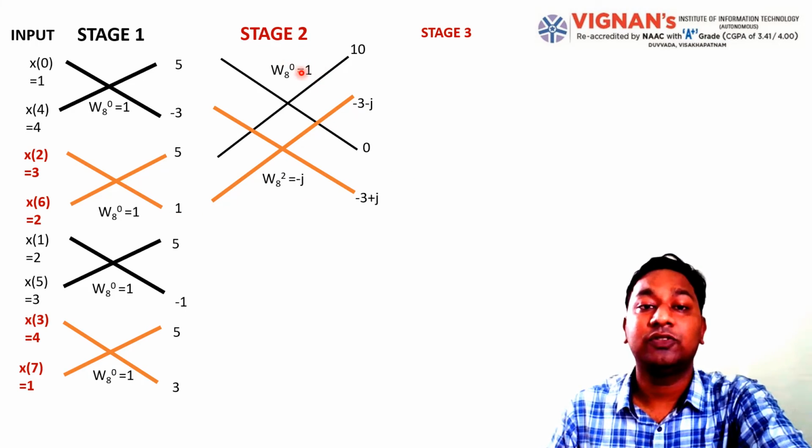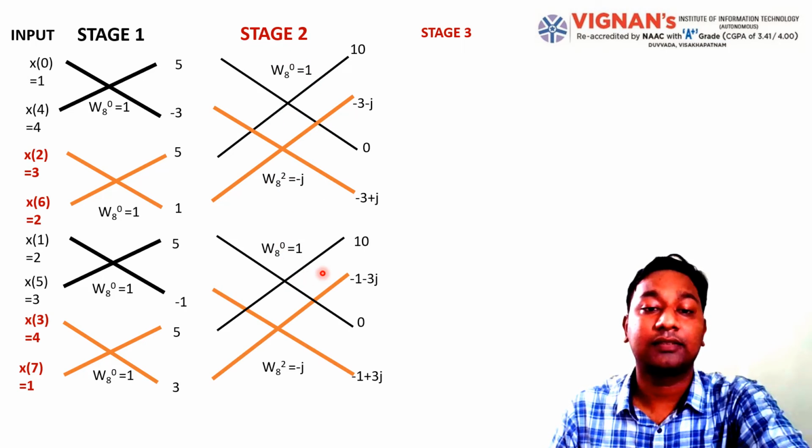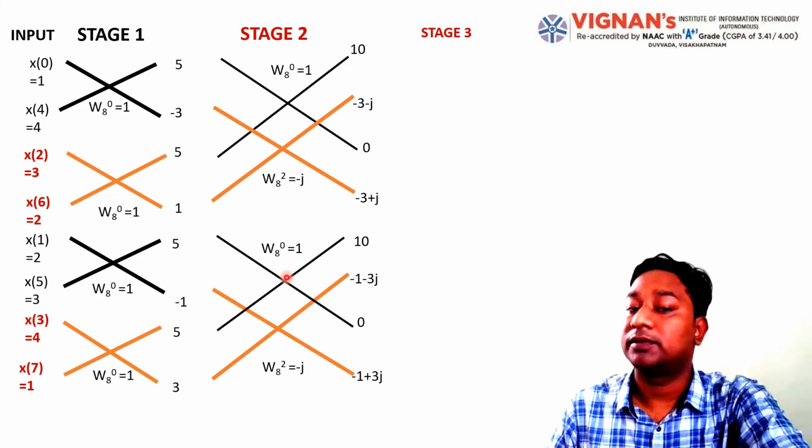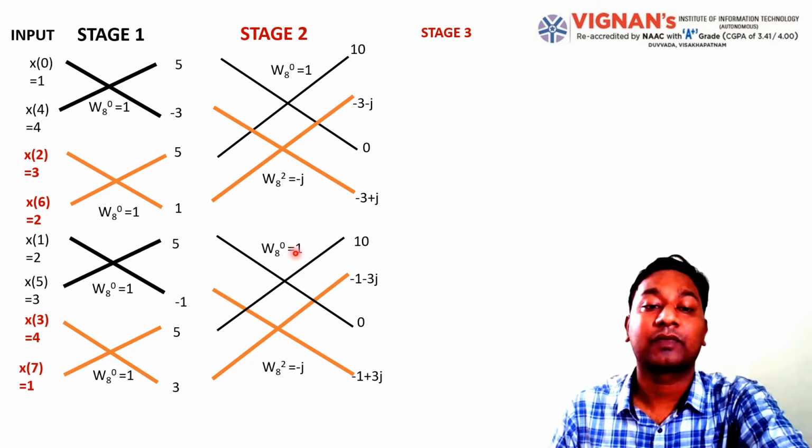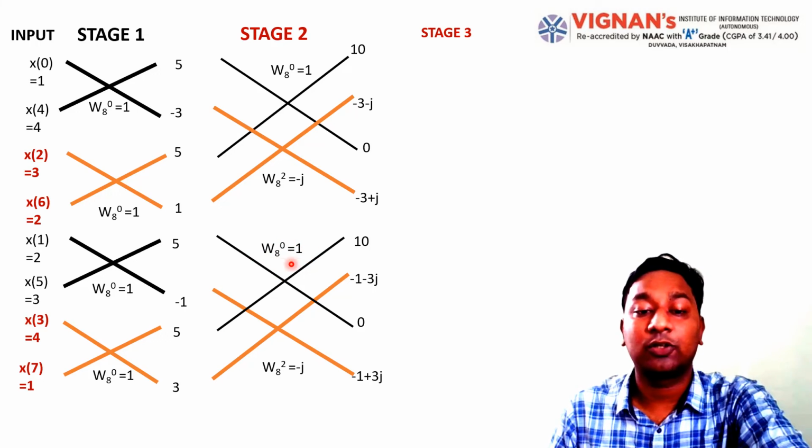The first 2 are simple; similarly, the third and fourth butterflies are associated with the 5th and 7th one and the 6th and 8th one, and the twiddle factor is omega to the power 0 equal to 1 and omega to the power 2 equal to minus j. So simple addition and subtraction.